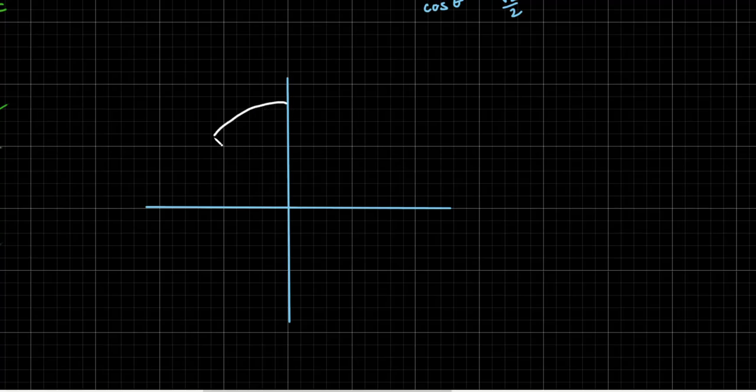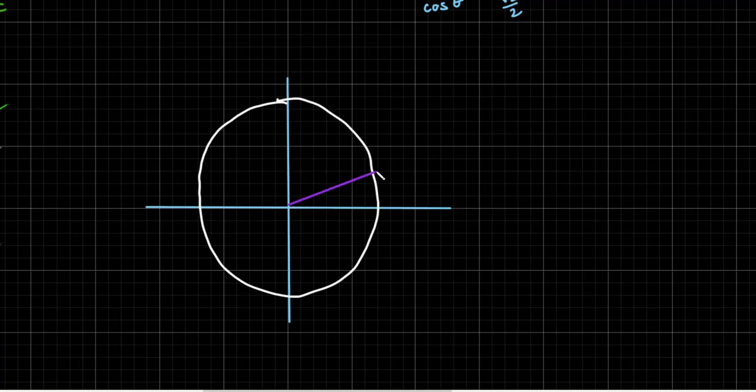Let's have our reference angle for this one be 30. Start here, go about 30 degrees, so maybe right there. We have 90 degrees here, 30 degrees here, and 60 degrees up top.